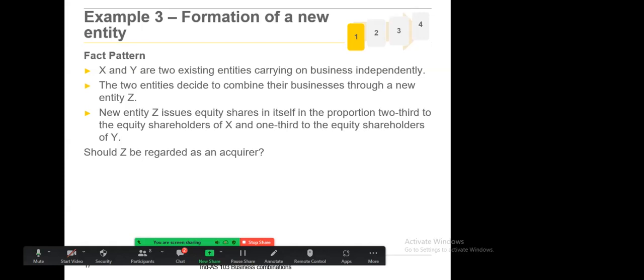So here X is holding more than 50% because X is holding 2/3 of the shares of Z. That is why X needs to consolidate Z as its subsidiary, and X is the acquirer of company Z. So this is how we need to check who is the acquirer.